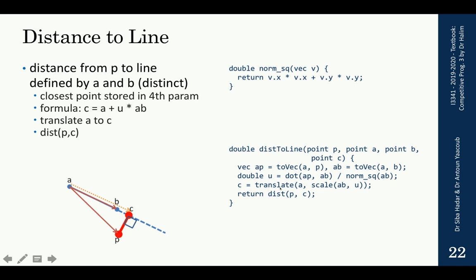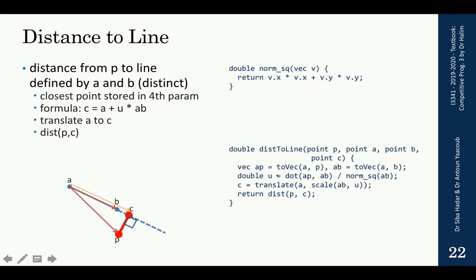And the mathematical formula says that you have to calculate the double value U, which is the dot product between AP and AB divided by the norm square of AB, which is given a value V. It is V.x to the power 2 plus V.y to the power 2.